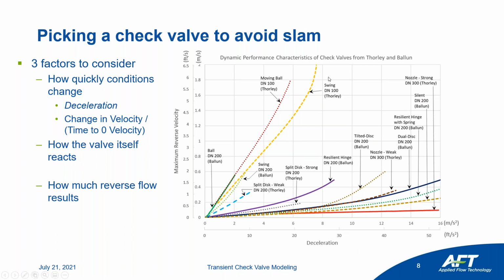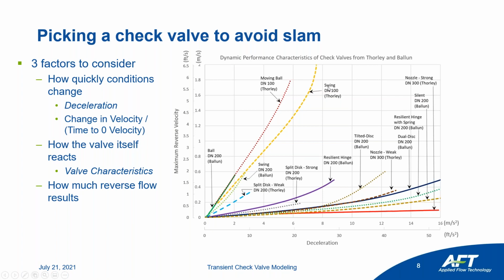So if we look at our swing check valve, that's the most typical example, where rapid deceleration is probably going to allow more reverse velocity. So here we can see the more deceleration, the more to the right we are, the more reverse velocity we see, compared to at lower decelerations, the lower reverse velocity we see. So this upward trend is consistent for all different valves, but it's going to depend on the type of valve itself. So that brings us to part 2, how the valve itself reacts, or these valve characteristic curves.